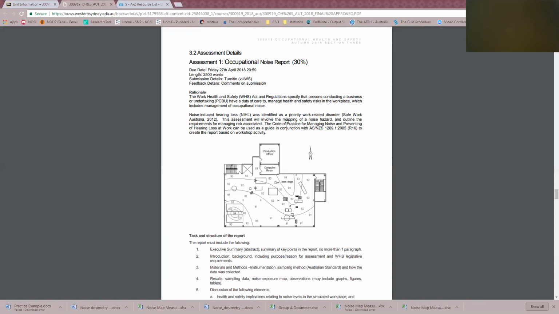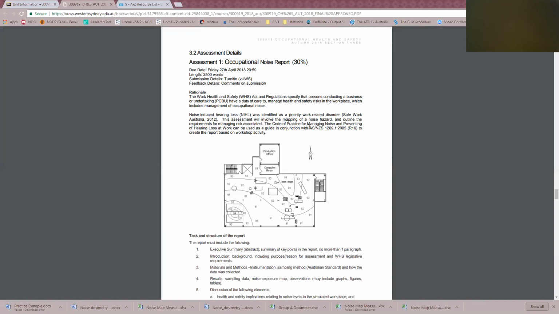So the two pieces of information that you'll find really useful in putting together your data and exploring your data are the Code of Practice, which sets it out very succinctly as to the what, where, how, why of measuring noise, preventing, and managing hearing loss in the workplace, and AS 1269, the Australian standard, which sets out how we go about assessing noise in the workplace.